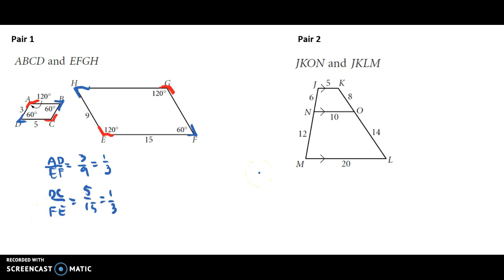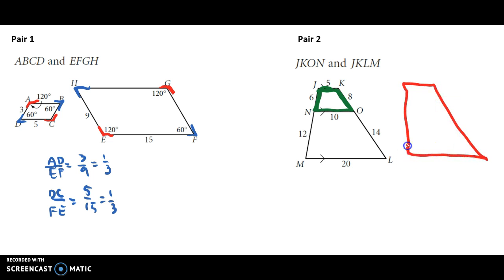Let's take a look at this second one. We have a trapezoid, and then we have a segment in our trapezoid that is parallel to the two bases, creating another smaller trapezoid. So we're looking at this trapezoid, JKON, and then we're comparing it to our big trapezoid, which I'm actually going to redraw.